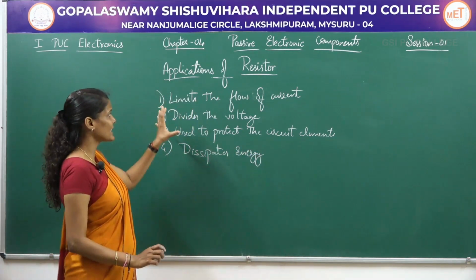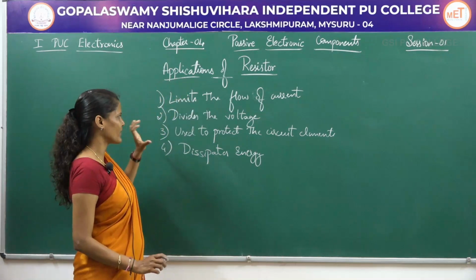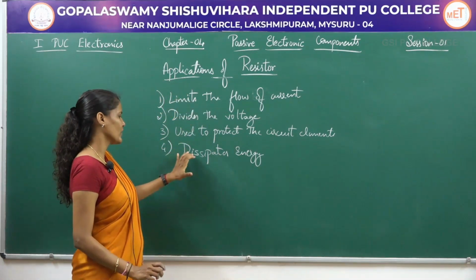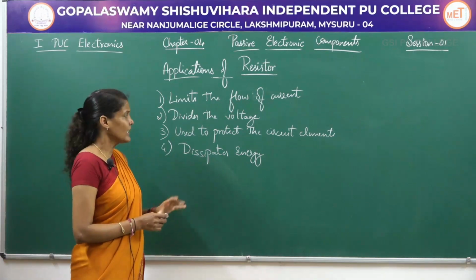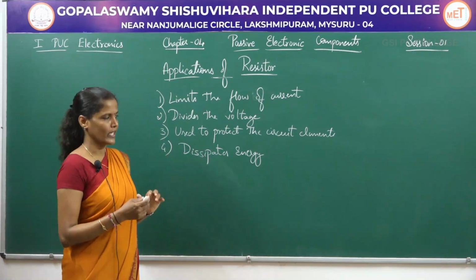So the resistors are used to limit the flow of current, divide the voltage, used to protect the circuit elements, and dissipate energy. So what is this limits the flow of current?